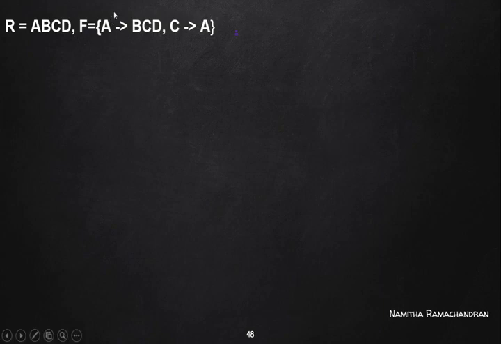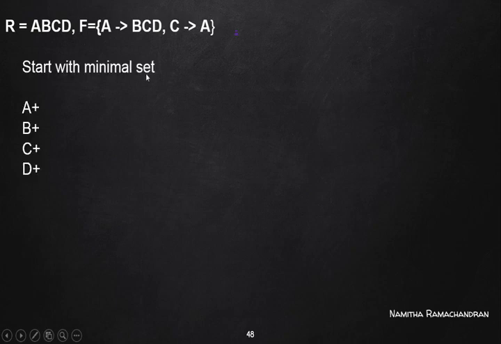Okay, so here A, B, C, D all are present in the RHS part of the given dependencies, right? So we can start with the minimal sets. So start with A closure, B closure, C closure, D closure, right?